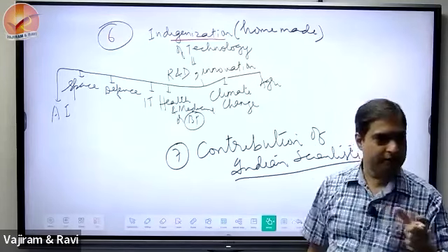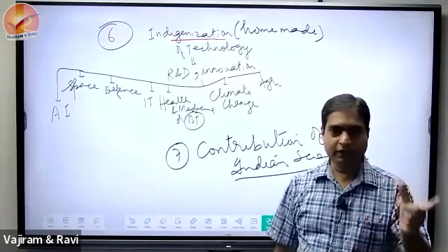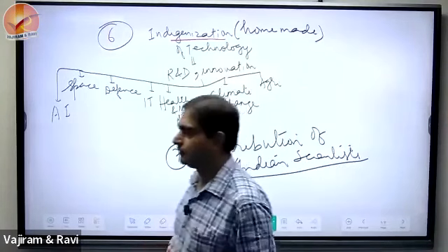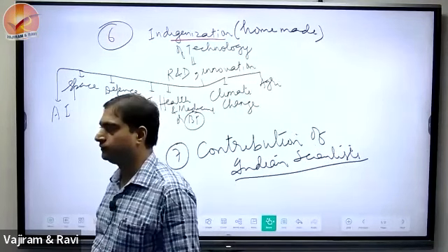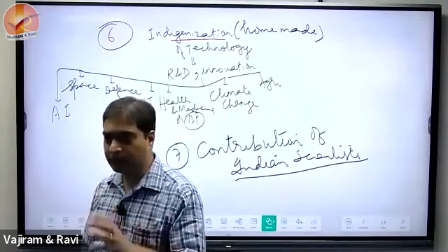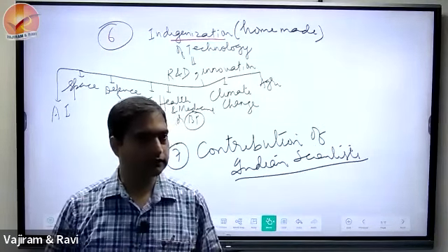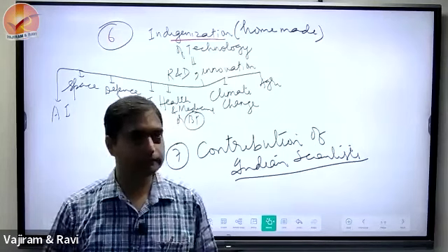Totally indigenous. Covishield, that was in collaboration with what? Oxford University and AstraZeneca of Serum Institute of India. But Covaxin was a 100% indigenous, homemade vaccine. Is it clear? That is just an example.